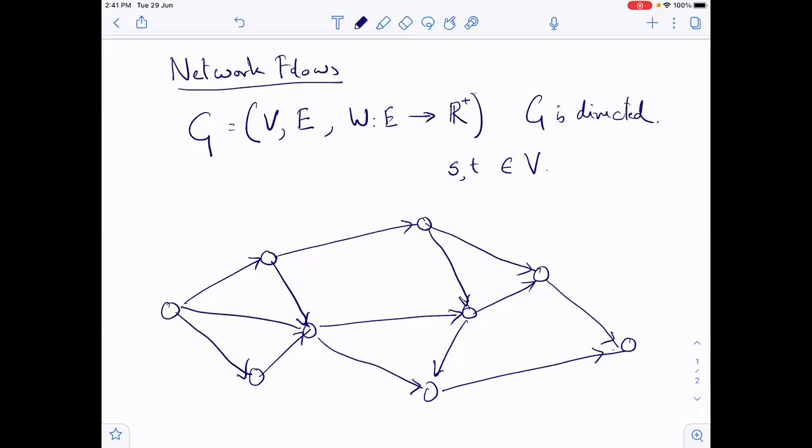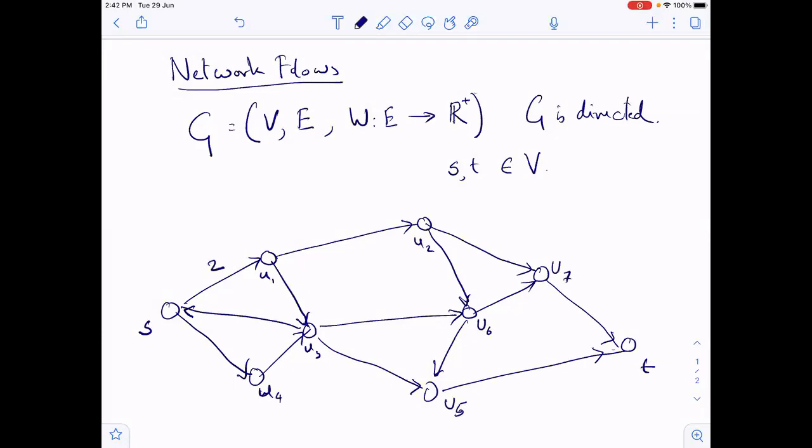And you have some weights assigned. So I can define this as S, this is T, and these are U1, U2, U3, U4, U5, U6, and U7.